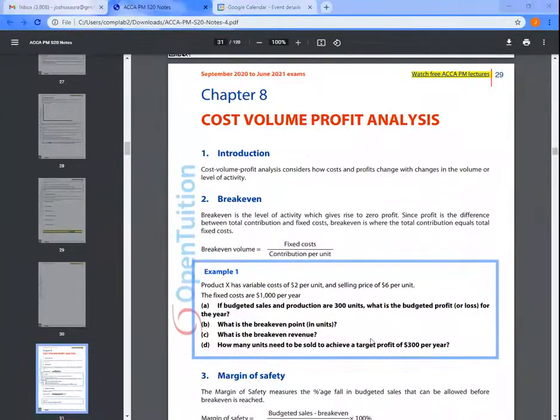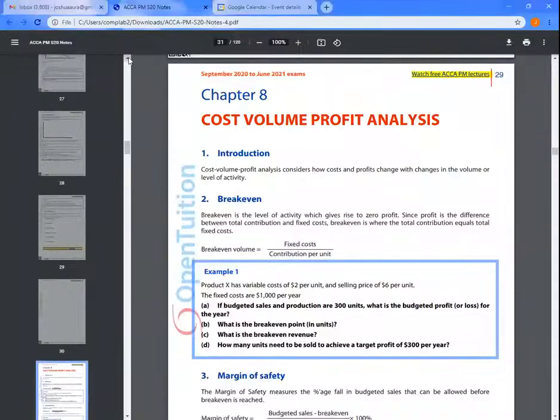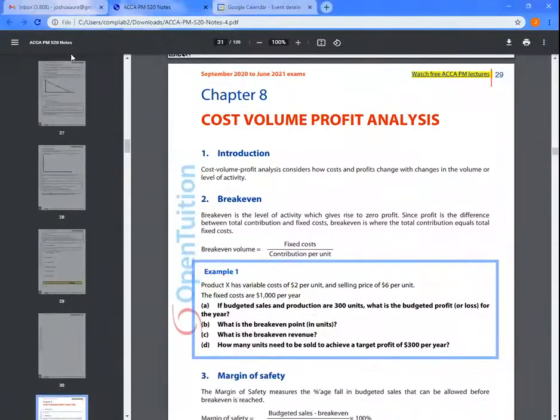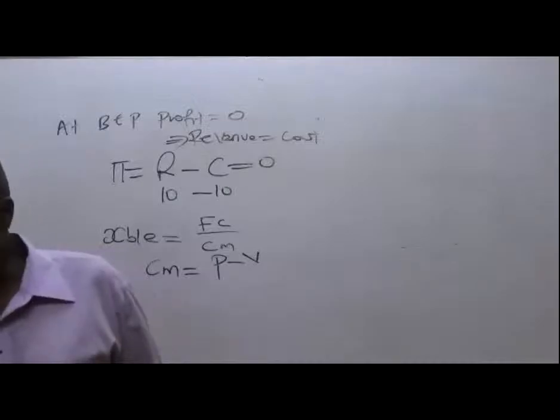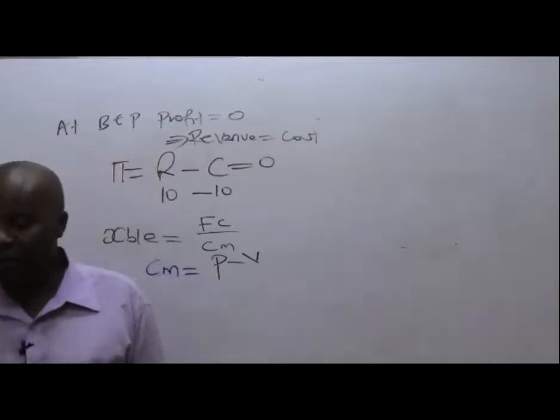Whenever I see those parameters, what I'll be able to remember very fast is the formula that I was taught in CPA section 4.